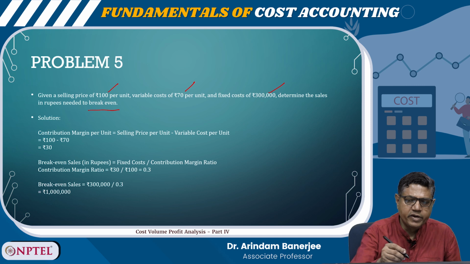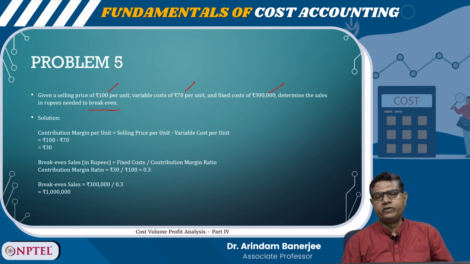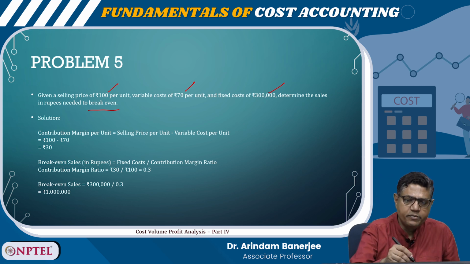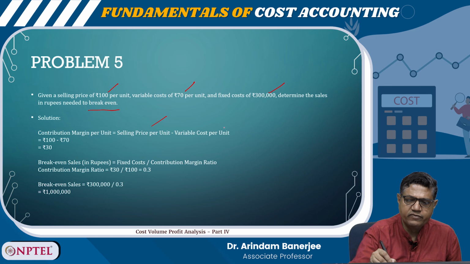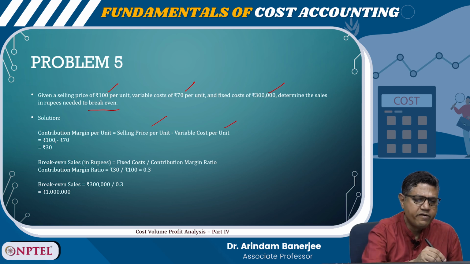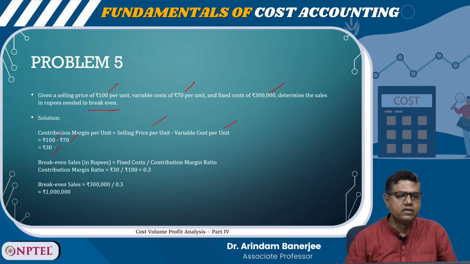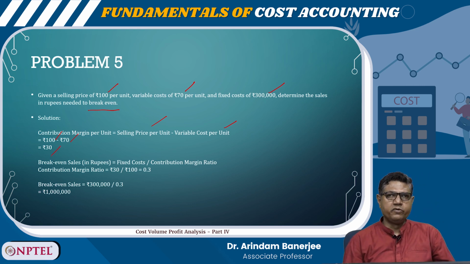Contribution margin per unit, you know that it can be calculated by deducting the variable cost from the sales price. So, selling price per unit minus variable cost per unit. So, 100 is my selling price, 70 is my variable cost. So, I got the contribution margin per unit.